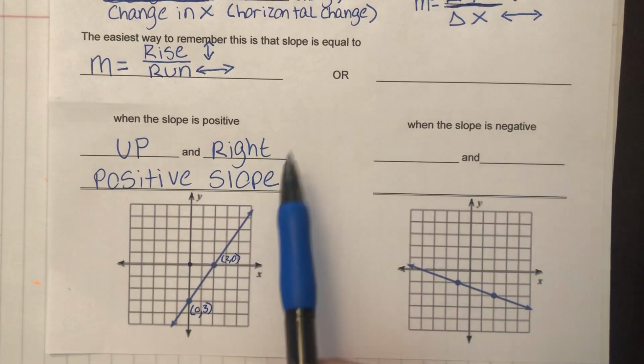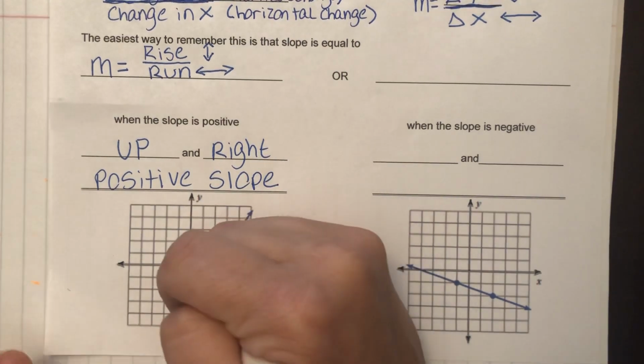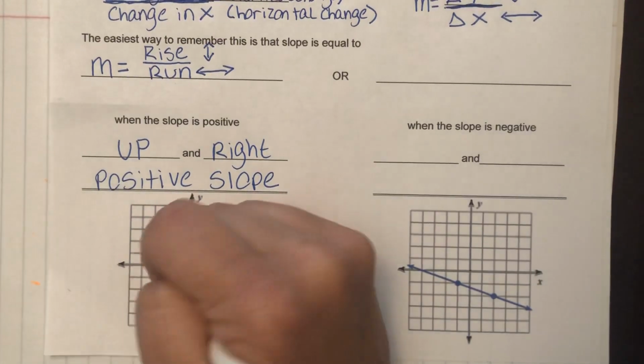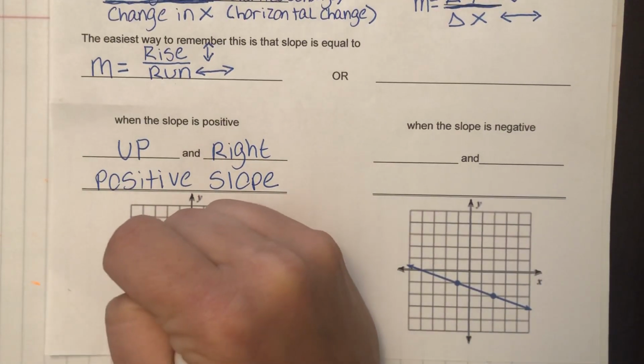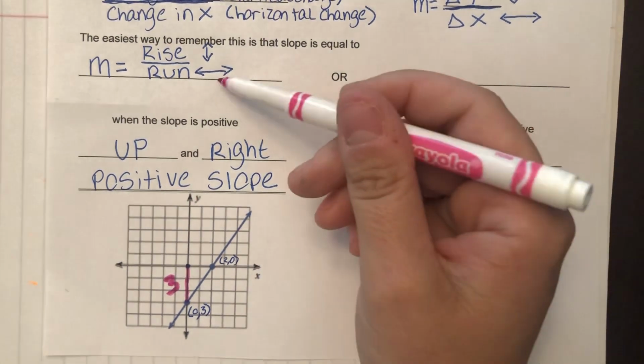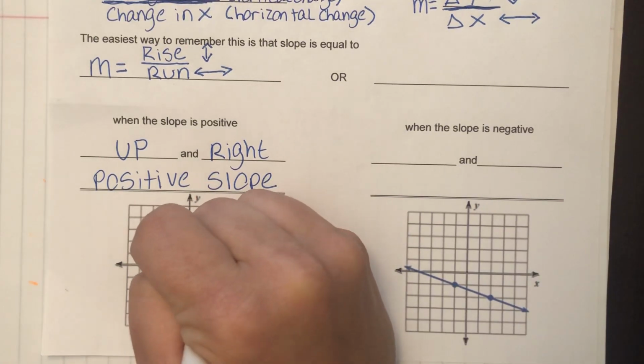So let's go ahead and calculate the slope of this line here. We know it's positive, so we're going to calculate the rise over the run. How many units up do we have to go to get to that next point? We're going up 1, 2, 3 units. So that's positive 3. Then how many units over are we going to the right? That's our run, our horizontal change. We're going over 1, 2.